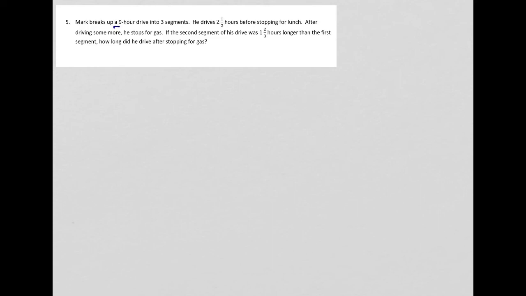It's a 9-hour drive, and it's in 3 segments. His first segment, it says he drives 2.5 hours before stopping for lunch. That's segment number 1.